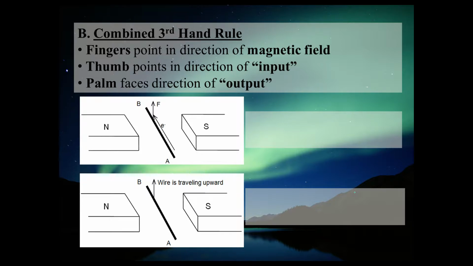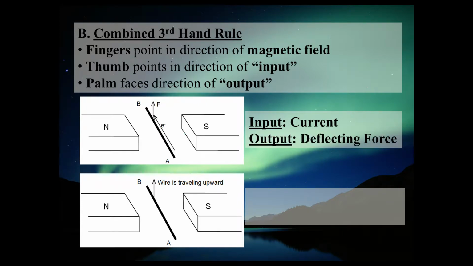So let's look at this for example. The top diagram is a current carrying wire showing the direction of electron flow moving through a magnetic field. If I want to classify things as input or output, for the top diagram, your input would be the direction of electron flow or current. So that's the direction my thumb would point.